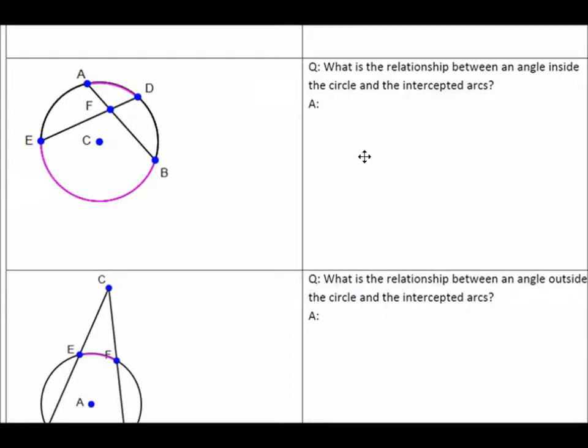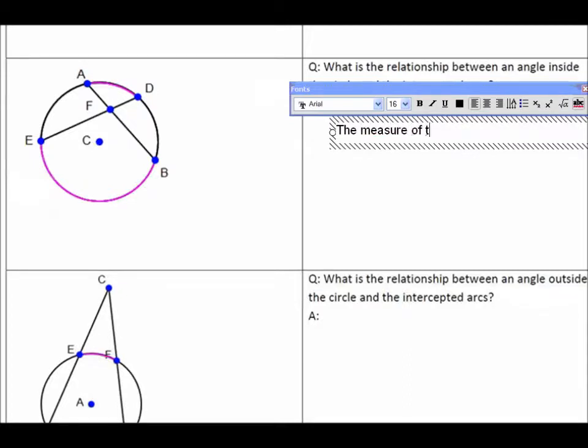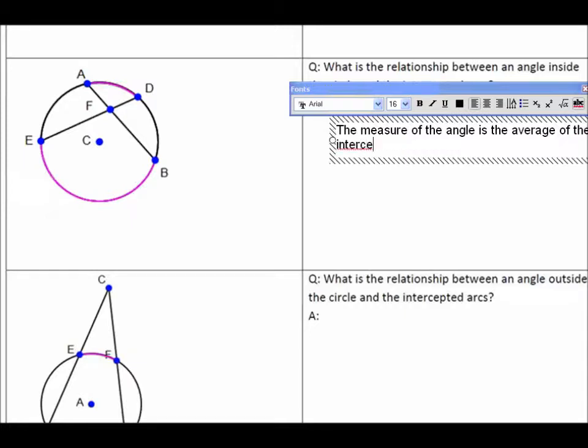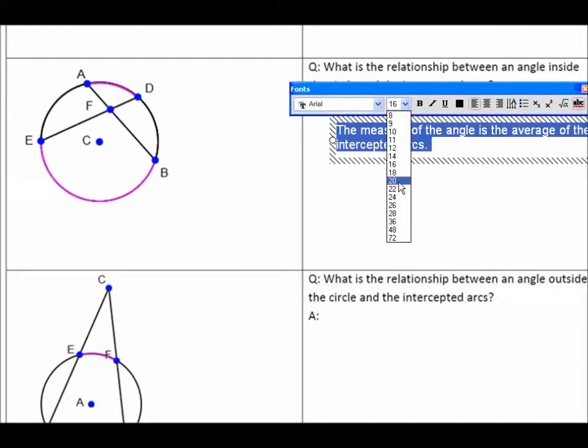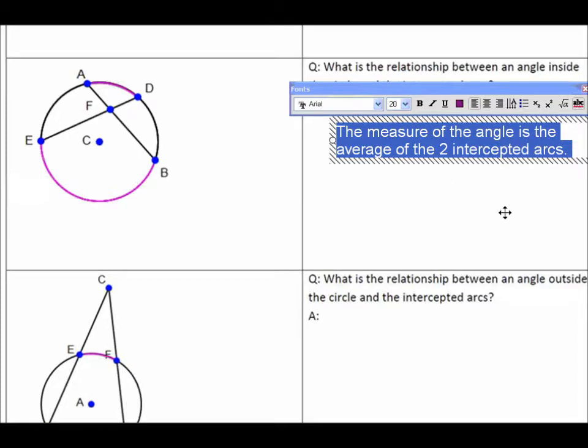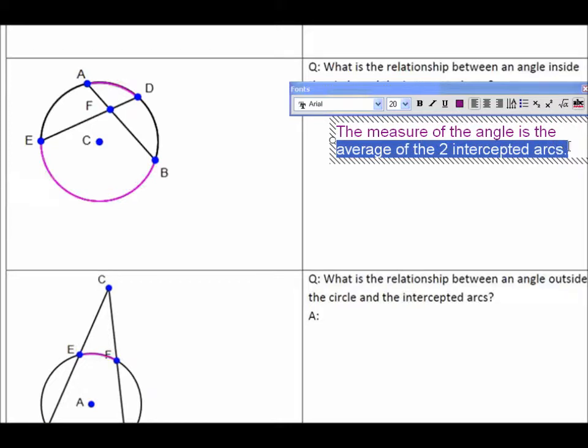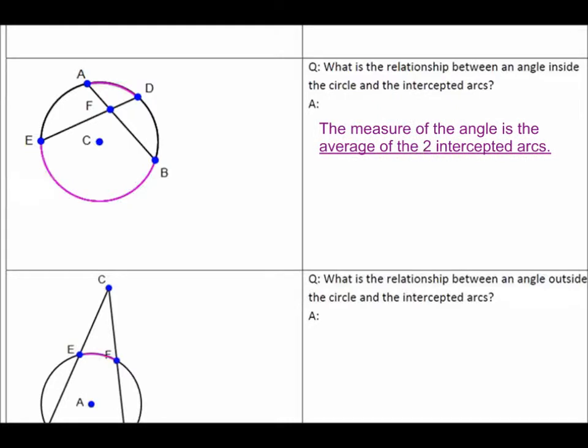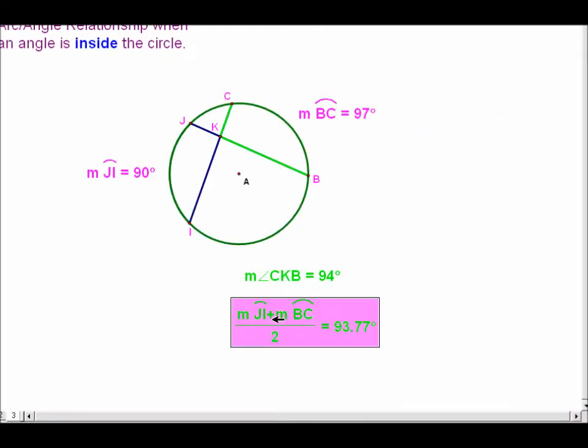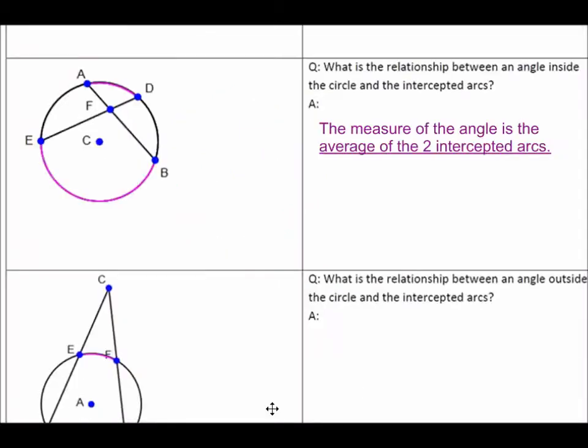Well, we just said that the measure of the angle is the average of the two intercepted arcs. And we'll underline that.